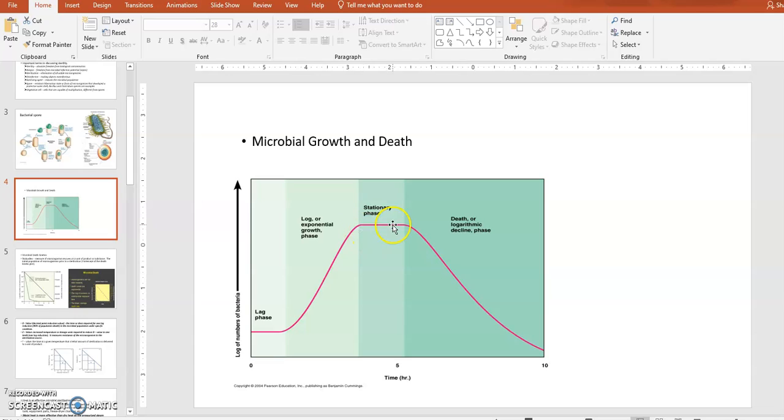Then the stationary phase, when cells settle down because they run out of space, oxygen, and nutrients. They don't divide anymore. The lag phase is the adjusting period before they start dividing. And if the stationary phase lasts a longer time, they will start to die. So there's the death phase after that. Typically 4 phases make up bacterial growth.